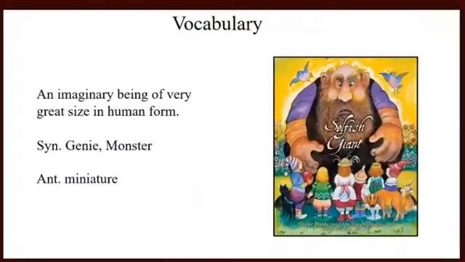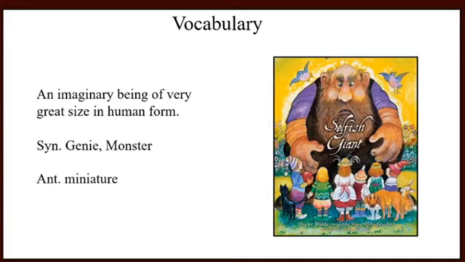Next vocabulary. The giant. What does it mean by a giant? See, the children talking with the giant. So, an imaginary being of very great size in human form. The giant is in human form. So, this is an imaginary being to us.